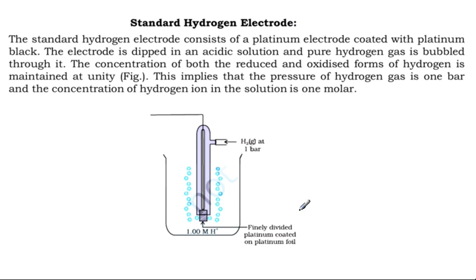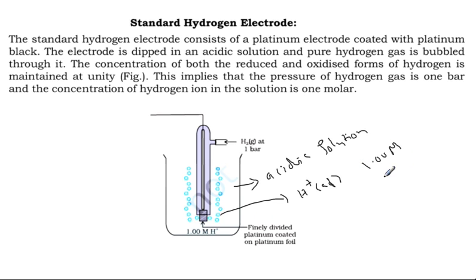Look at the vessel. Inside the tube, the standard hydrogen electrode consists of a platinum electrode coated with platinum black. The electrode is dipped partially in the acidic solution. Because of the acidic solution, the concentration of H+ aqueous is 1 molarity.